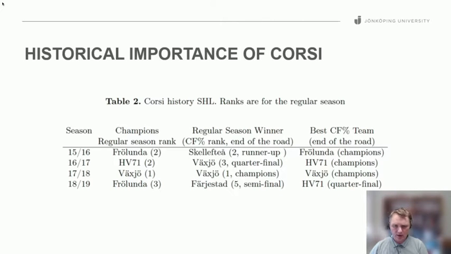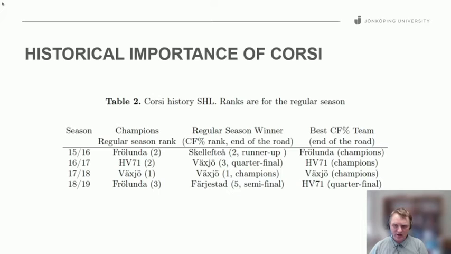Doing the same analysis for the Swedish Hockey League, we have a very small sample size, just 4 years. And we should also remember that there are fewer teams in the Swedish playoffs.